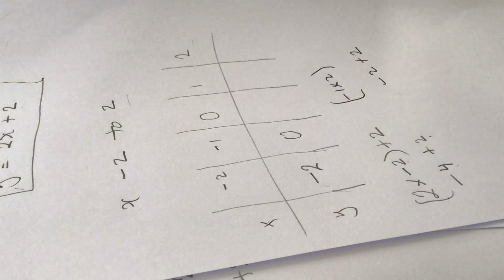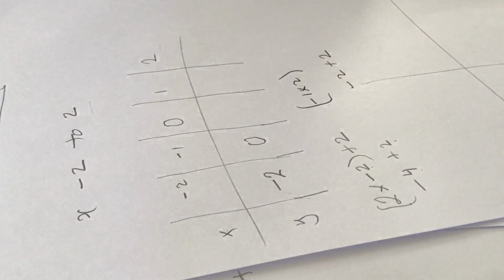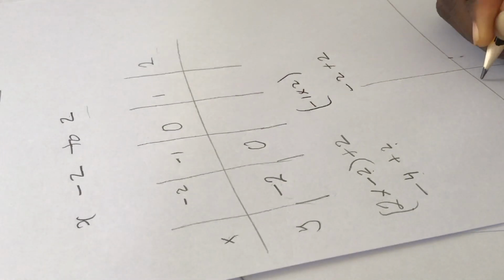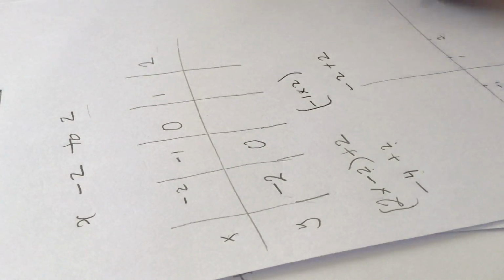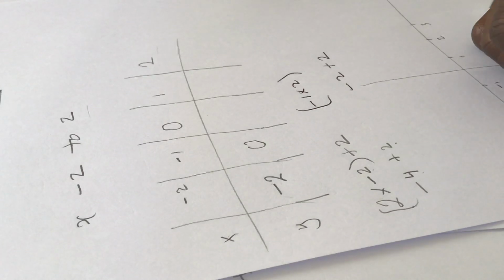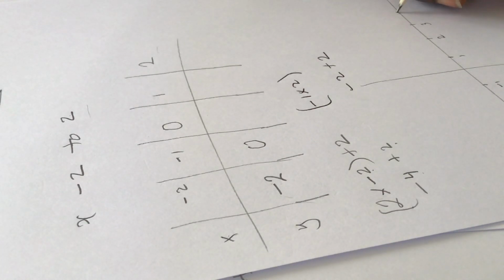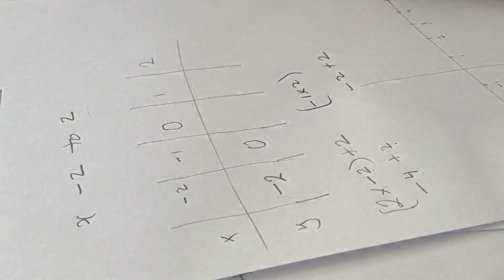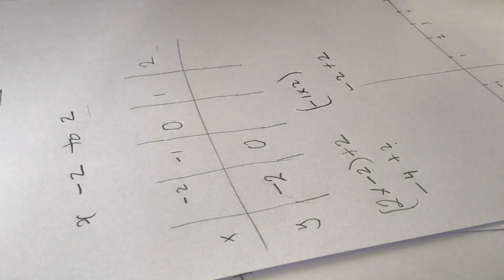Okay. Now plot the graph. I don't have a graph. So you sketch it. You get your axes and you do the coordinates. 1, 2, 3, 4, 5. You have to go to 6 because you have a value which is 6 on that side.